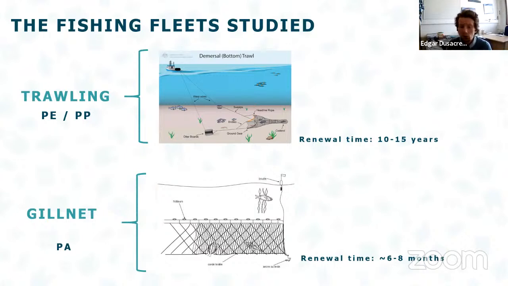We also have to keep in mind that the renewal time of trolling nets is 10 to 15 years, but they add new parts quite often. So it's an addition of new materials year after year. For gill nets, it's another process, and the renewal time is 6 to 8 months or a bit more.